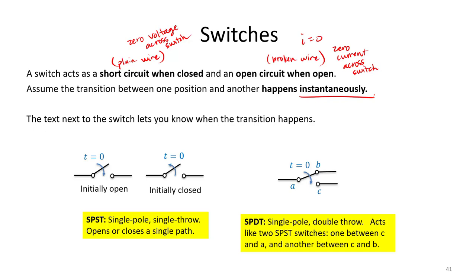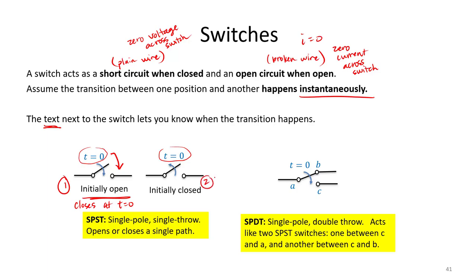And so whenever you have a switch problem, you want to take a close look at the text next to the switch. Notice in this first example, we have an arrow pointing downward. So this first switch here was initially open, and it closes at time t equals 0.